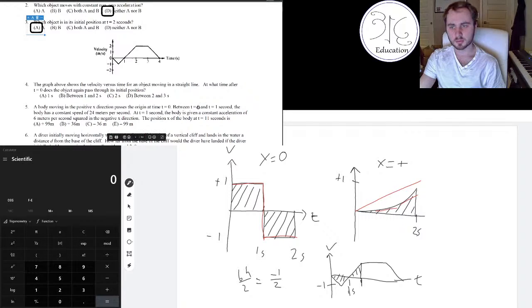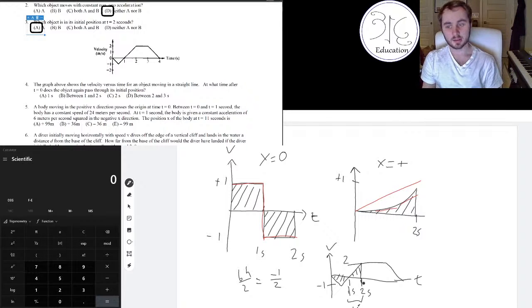Looking back at our problem, we're going from 1 to 2 in 1 second. That is what we have going on down here. So this would be a height of 2. This is 2 seconds, so this is a gap of 1 second.